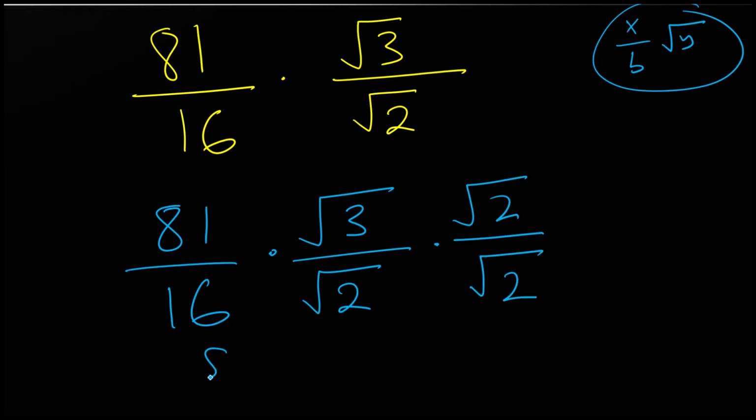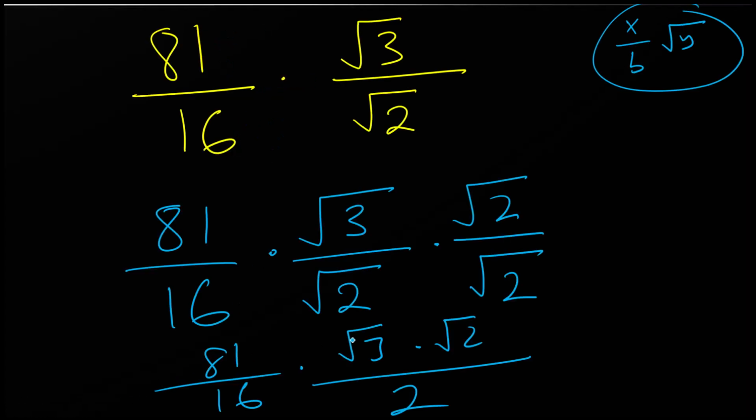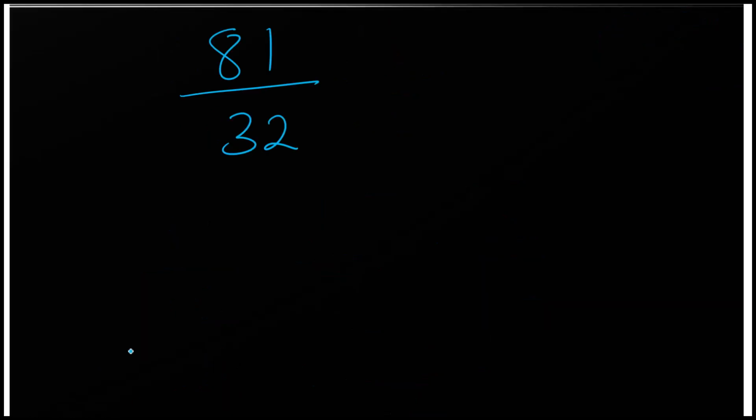So we have 81/16 times root 3 times root 2. This time that will be 2. Okay, so we have 81 times this on that. 16 times 2 will be 32. So 81 over 32. So this time this will be root 6.